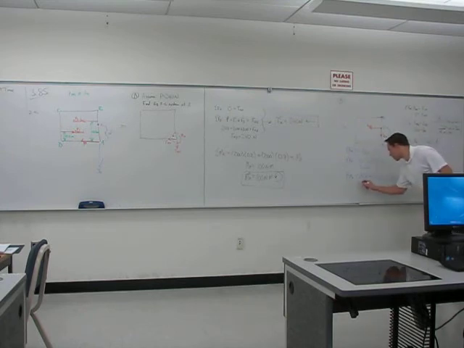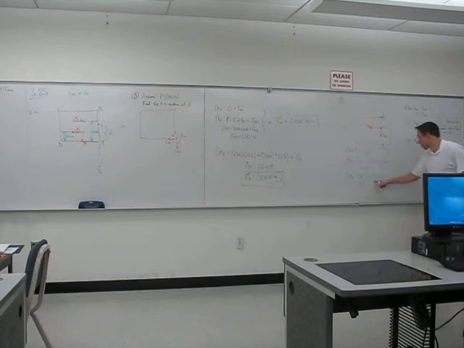Okay, this is going to be negative 240D. This is going to be plus 200D. And 200 times negative 0.2, let's see, 40 minus 40. Plus 200 times 0.7, so that's plus 140.